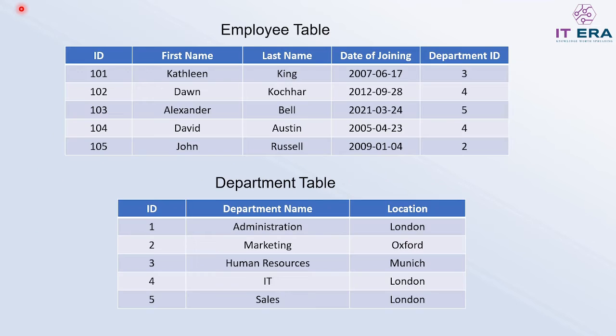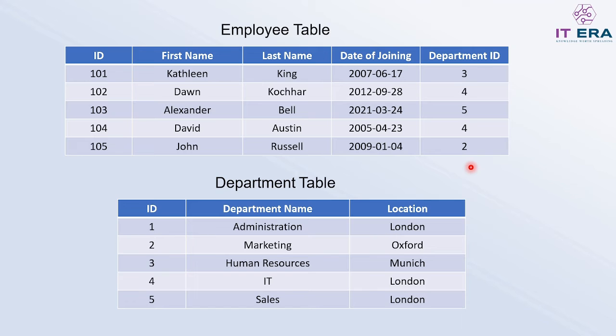So now let's take an example of this table relationship. We have an example of an employee table. This table contains data about some employees. So we have an ID column to identify each employee. We have employee first name, last name, date of joining, and you can see the final column called department ID. The department ID column is used to link the data in the employee table to the data in another table within the database.